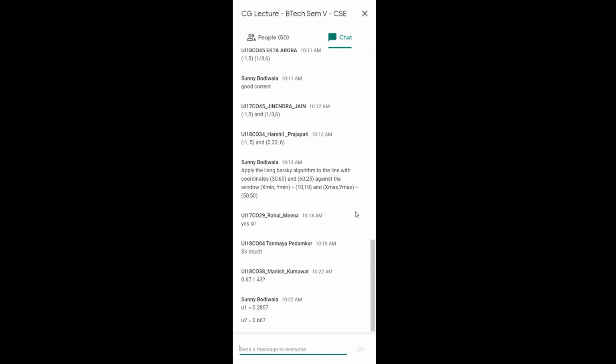In our case, our P1 and P4 values are less than 0, if I'm not wrong. And that is the same thing you have to consider in R1, R2, R3, R4. As I said just now, you have to consider R1 and R4. Based on R4, which is the maximum value as you compare it with the other values, the U1 value will be equal to 0.2857 or 0.29, whatever you are taking.